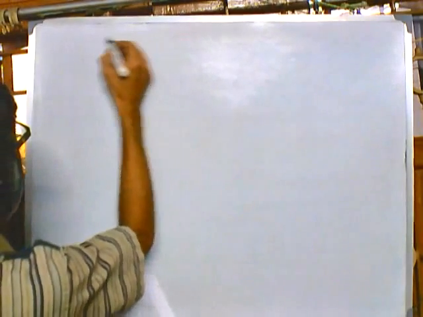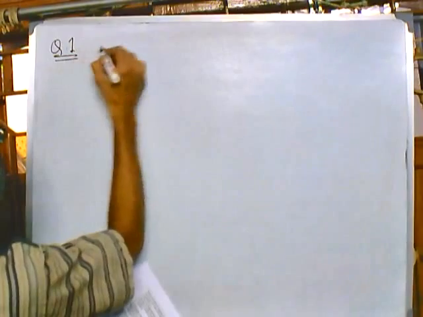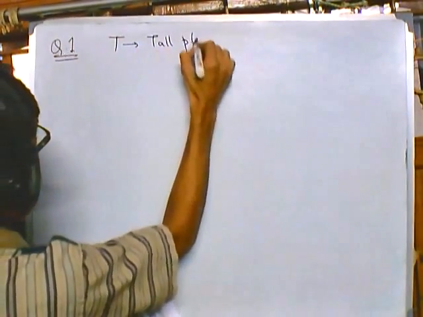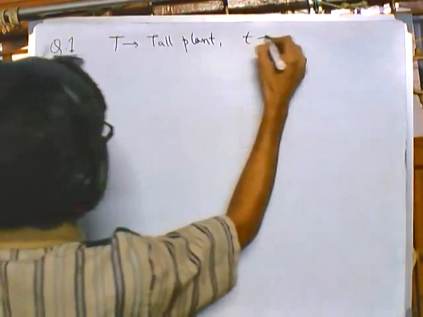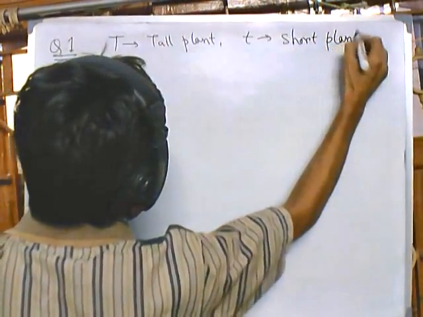Let me take this question, question number 1. In peas, the gene for tall plant, capital T, is dominant over the allele for short plant, small t. So T denotes tall plant, small t denotes short plant.